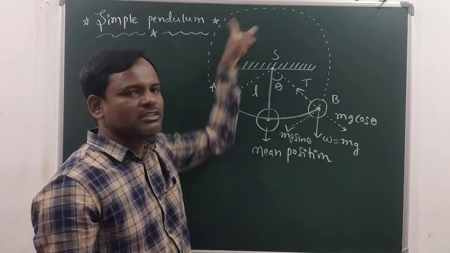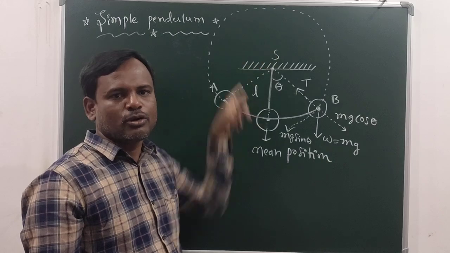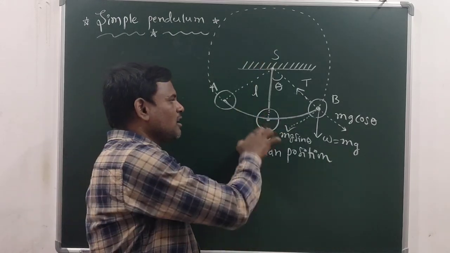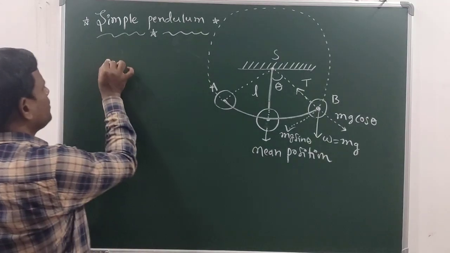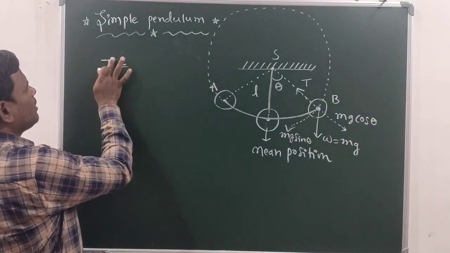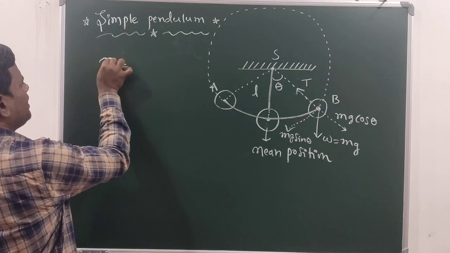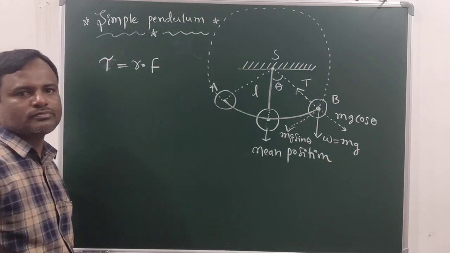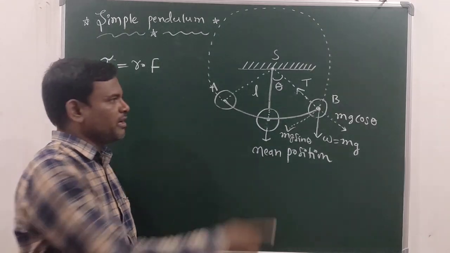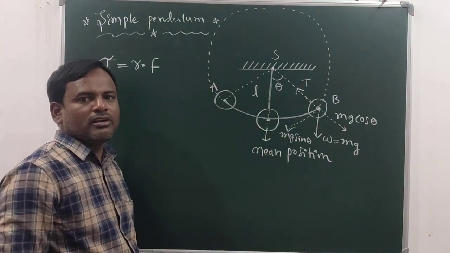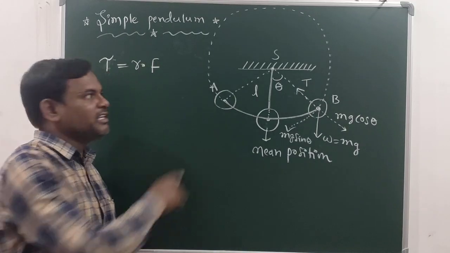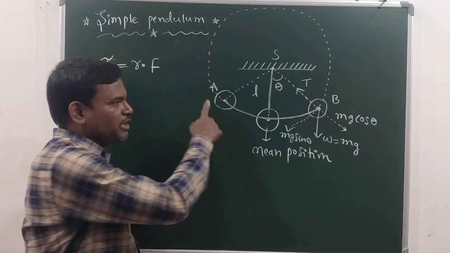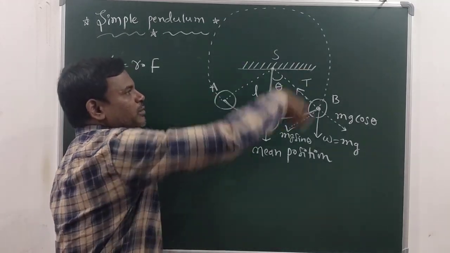So whenever an object is in rotatory motion, torque works on the object. You know that torque, which is denoted by the letter tau, is equal to R into F. So on the bob, external force is applied. It is in oscillatory motion, but it is a part of rotatory motion.